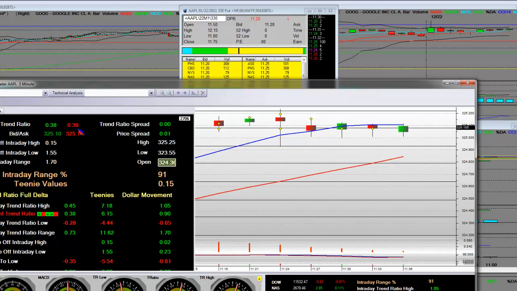It has to contract, and you're not getting the contraction. You're just getting that mild pullback up here. That's all. So you need to know how these prices are going to break higher. Your ratios up here and your prices drop on the bid on the 330 put here.